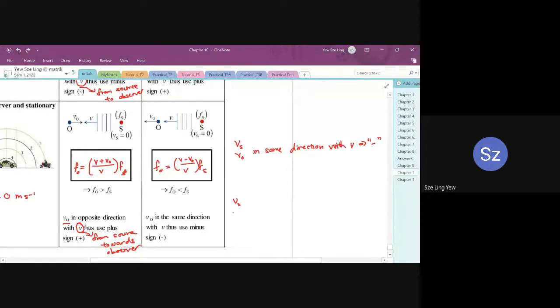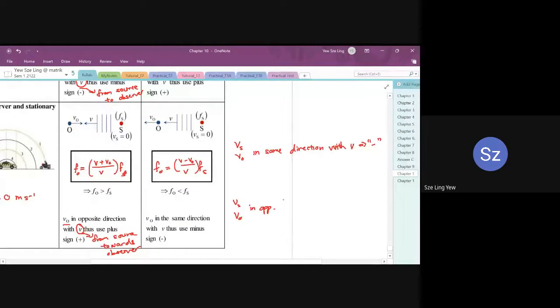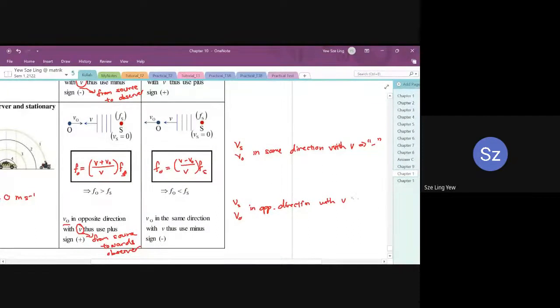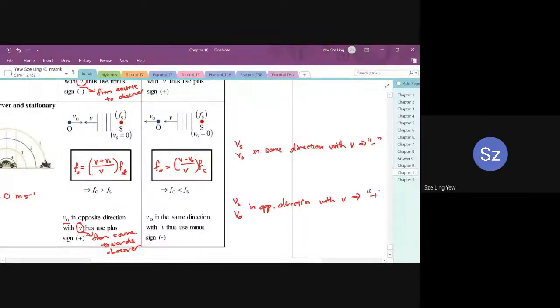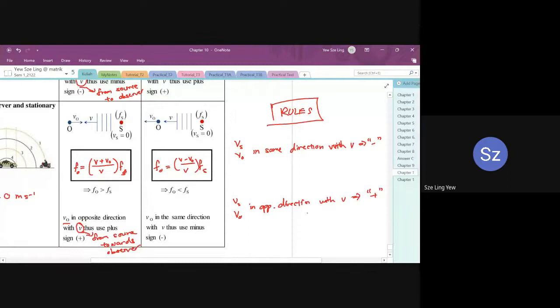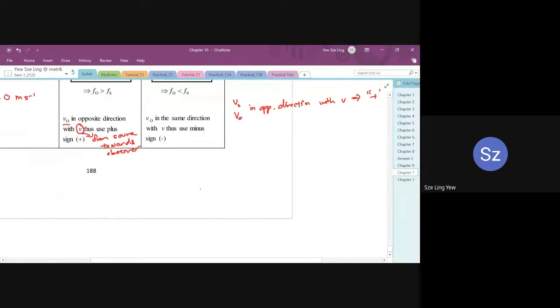If your Vs and VO are in the opposite direction to V, then you use a plus sign in your calculations. So that is how we solve it. These are the rules that we use to choose the sign convention, whether you want to use a plus sign or a minus sign in your calculation. So done. That marks the end of chapter 10.